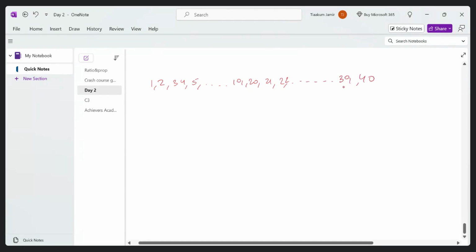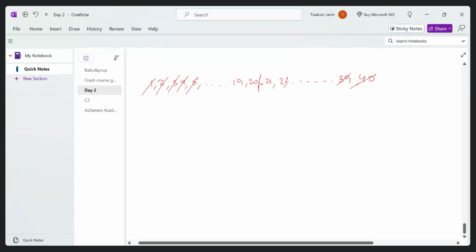We have 40 numbers, which means an even number. So pair 1 with 40, 2 with 39, 3 with 38, 4 with 37, and so on.